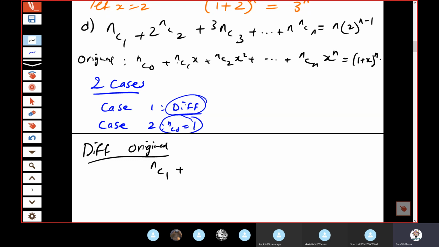That's just a number, so don't forget that. For x squared, you drop the 2 down, I'm left with n choose 2 x. Plus, if it was cubed, I drop the 3 down, x squared, I take away 1 from the power. I do that until I get to the last one, I drop the n down, I take away 1 from the power, and then n choose n.